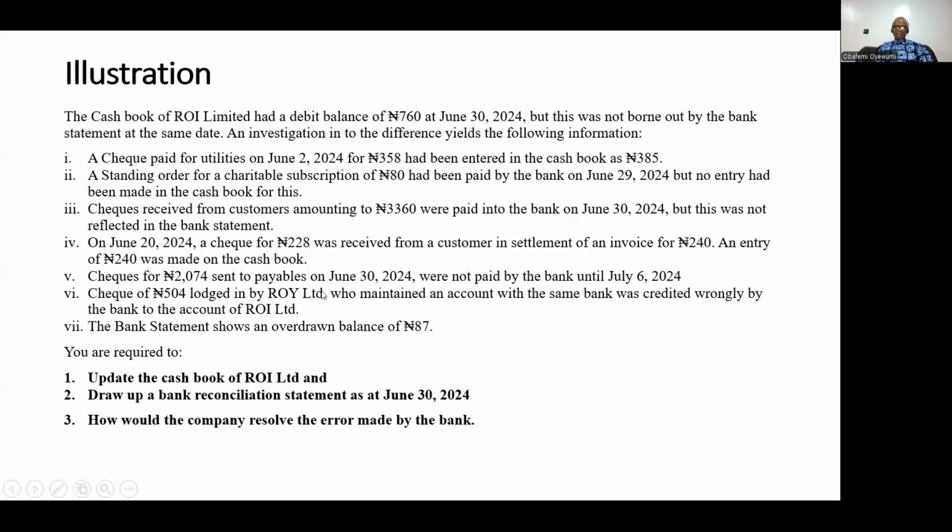So instead of posting this transaction to ROY, they posted it to ROI. You know that this money does not belong to ROI. It belongs to ROY, but wrongfully they posted it to ROI. So in such an instance, you need to write to the bank to correct their own error.